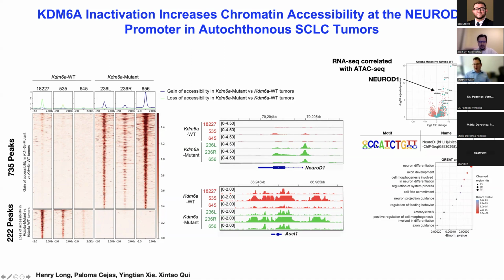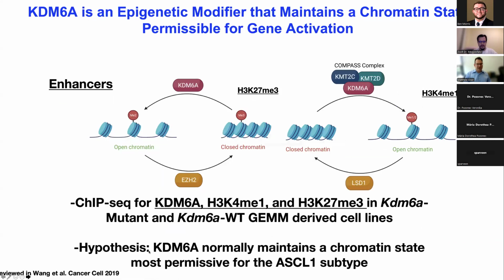And I think what was striking actually was when we did motif analysis and looked at the top motifs that were then open in KDM6A wild type tumors, NeuroD1 was the very top hit. So it wasn't just that there's lots and lots of different changes, although there are when you mutate an epigenetic modifier, but there is very strong signatures associated with NeuroD1 itself. And NeuroD1 was one of the top upregulated genes.